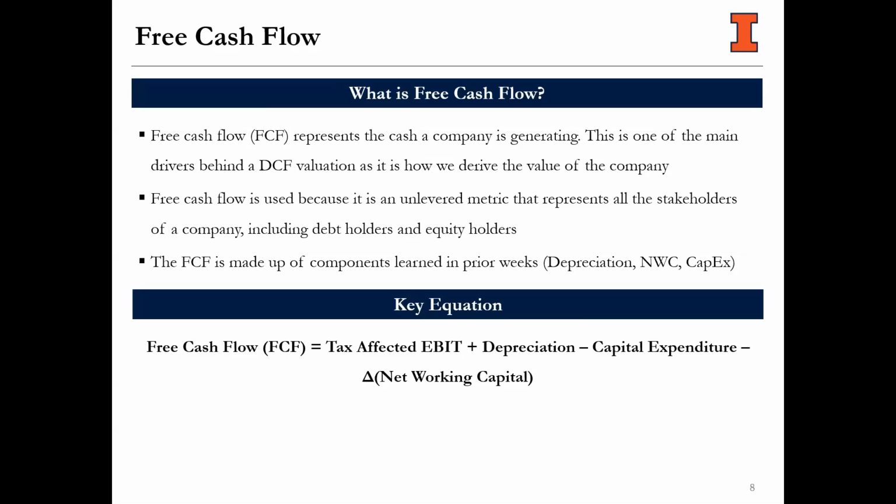So it's extremely important that we make these adjustments to our free cash flow to really determine how much cash flow is available for this business. As a quick reminder, the equation is your tax affected EBIT, so that's EBIT times 1 minus the tax rate, plus the depreciation that year, minus any capital expenditures, and subtracting any changes in net working capital.